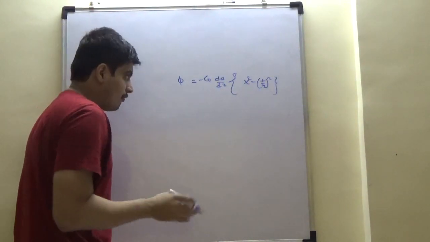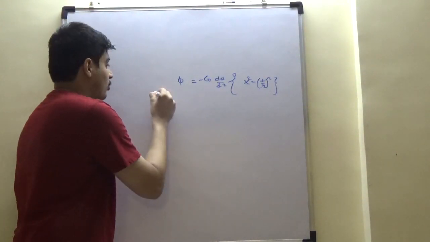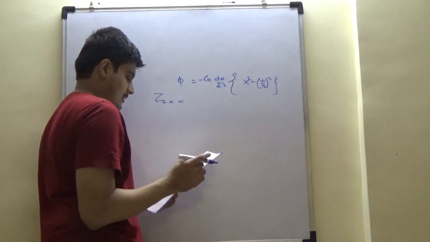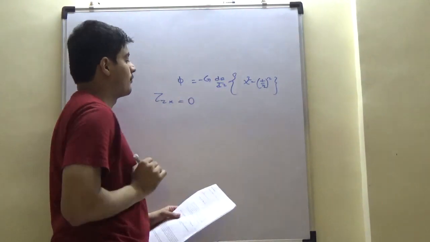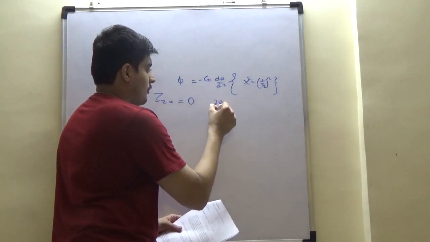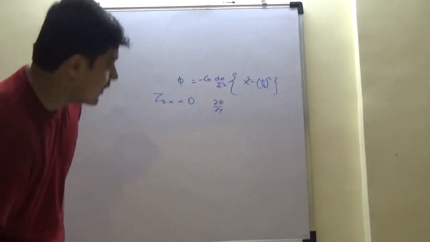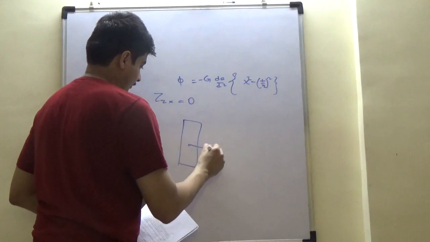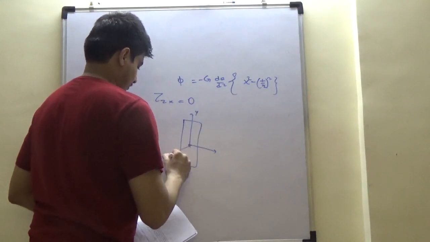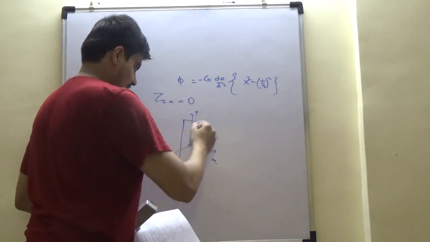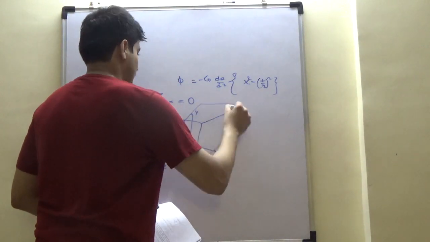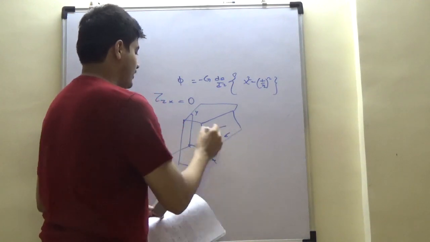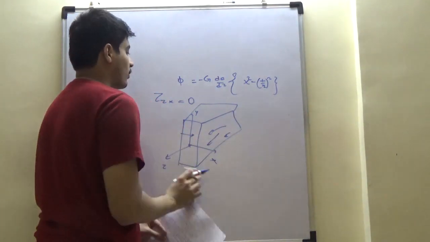Now, once we know phi, we have to find tau zx. Tau zx is going to be 0. Why? Del phi by del y is gone. Which means the stress in this plane of the slab, this is how the slab is going to look, the stress in these directions is 0.